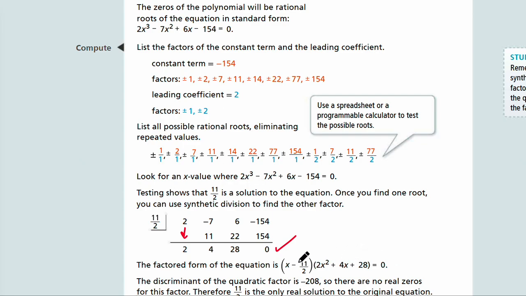So these two factors should be equal to 0. And if you check the discriminant of this factor, it is negative. And so there are no real roots. So this is going to be the only real solution. So 11 over 2 would be your width of the container.